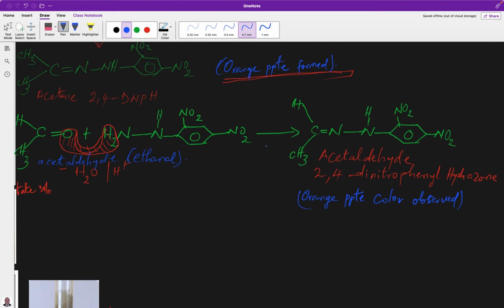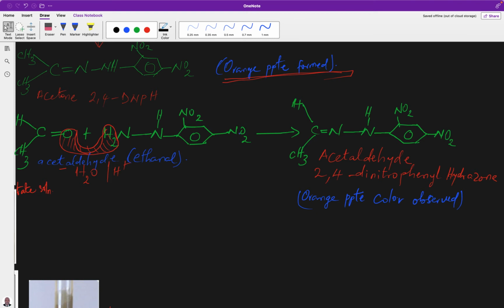The product formed will be acetaldehyde 2,4-dinitrophenylhydrazone. The observation is an orange precipitate, indicating the presence of the carbonyl functional group.